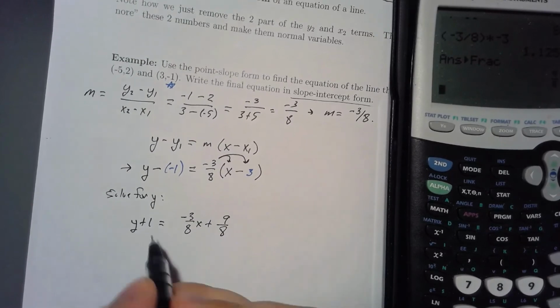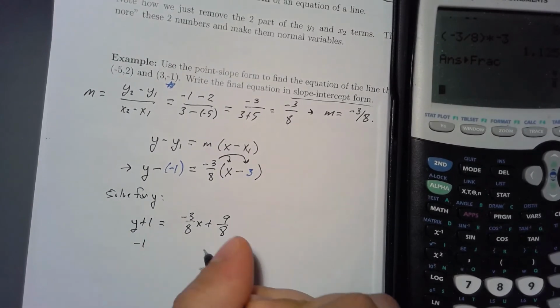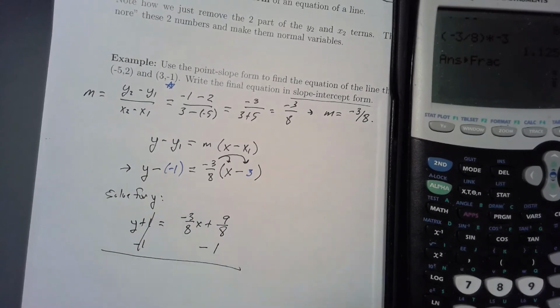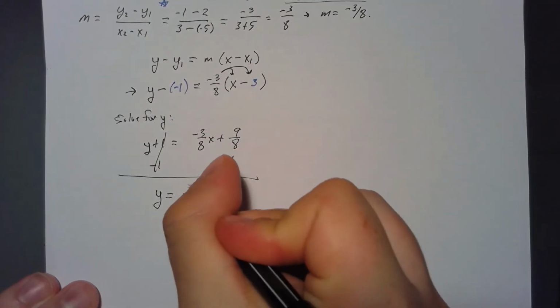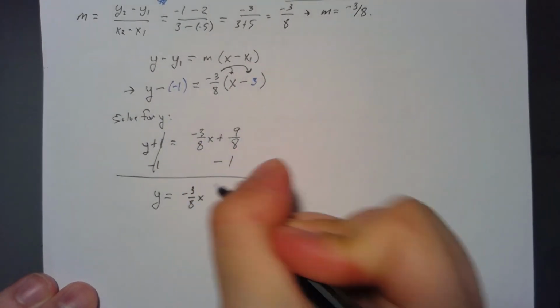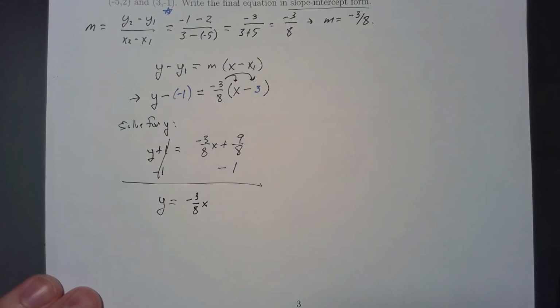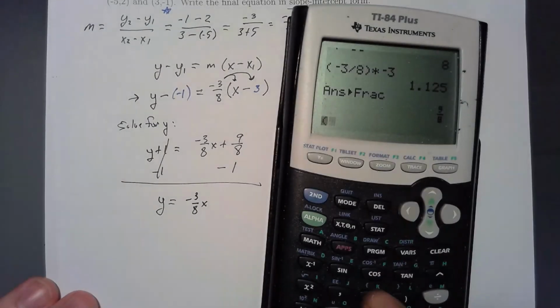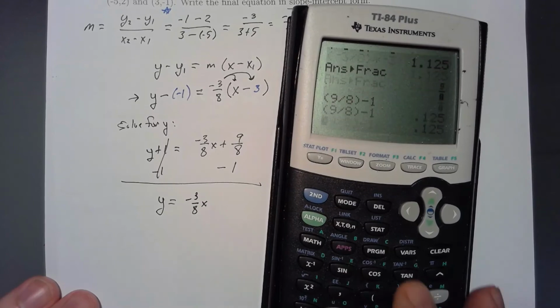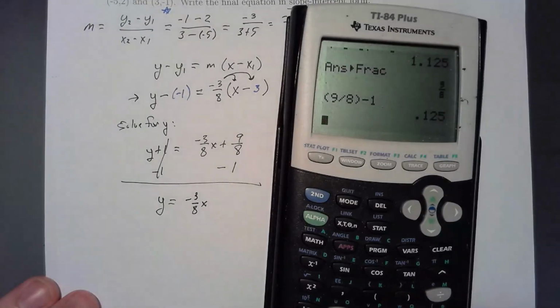And now you just got to subtract 1. That'll get rid of the 1's here, so then you'll have y equals -3/8 x, 9/8 minus 1. Again, you could use your calculator. 9/8 minus 1 is 0.125, which is 1/8.